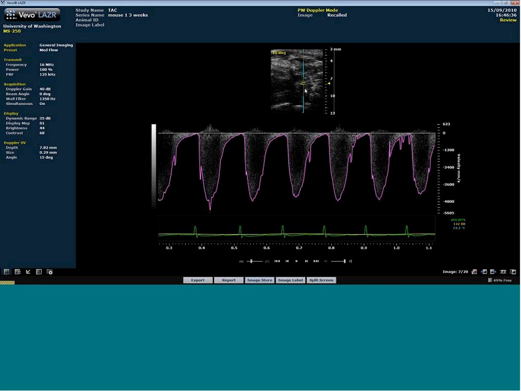The depth, the actual physical depth of the transducer as it relates to the animal on the probe clamp, because these blockout zones don't move. They stay static on this line, but as you move the Doppler sample volume gate up and down, you can actually move it up and down the line.